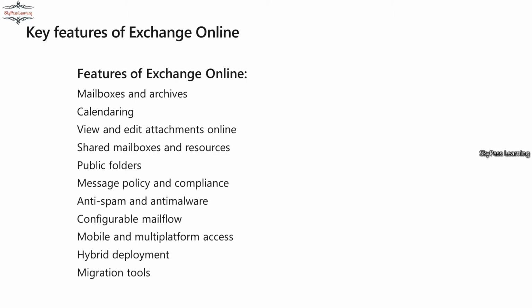We have a public folder functionality for collaboration services, but nowadays public folder is not much popular because people are using SharePoint portal services where they get more enhanced functionalities and additional options. So public folder is a little bit obsolete in that way, but it's still available with Exchange Online. If you want, you can use it.